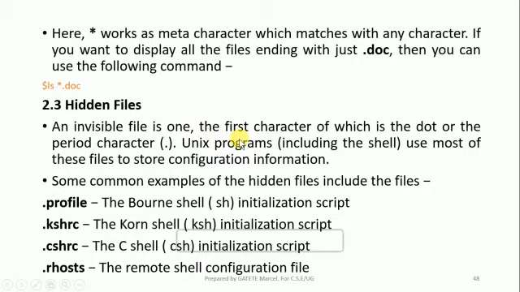The first character of an invisible file is the dot or the period. It means that when you have a file which starts with a dot or a period in the first column, that file is hidden.